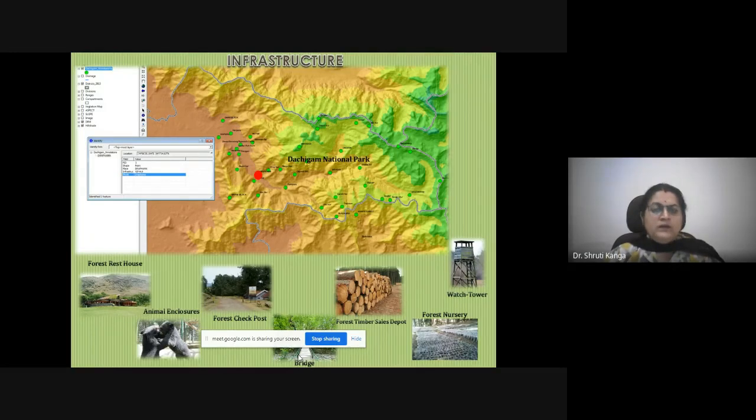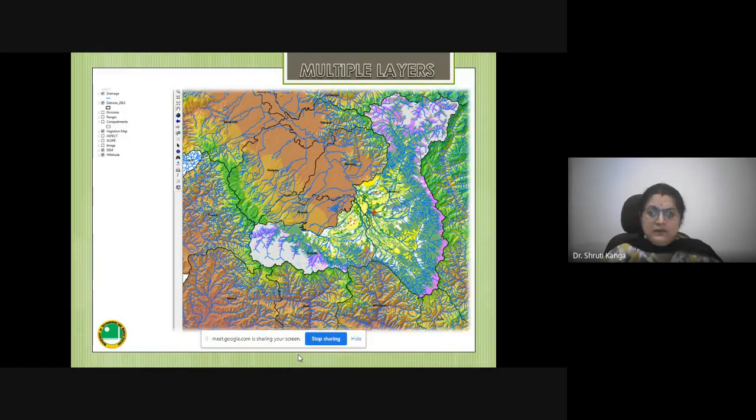Then multiple layers are plotted over this. We have opened the different vegetation layers along with the hillshade of that area, along with the drainage network. So we can have an idea about the various drainage orders and various vegetation types in different forest divisions of the area.